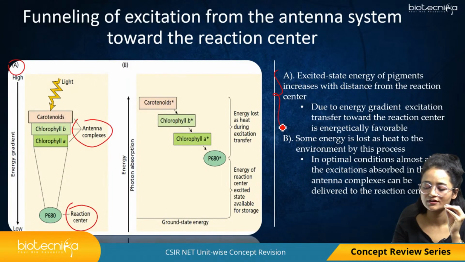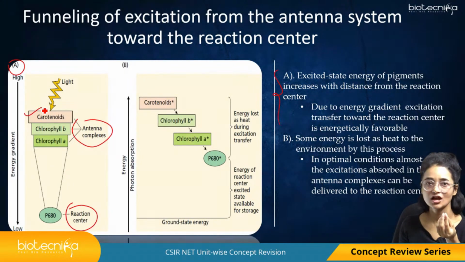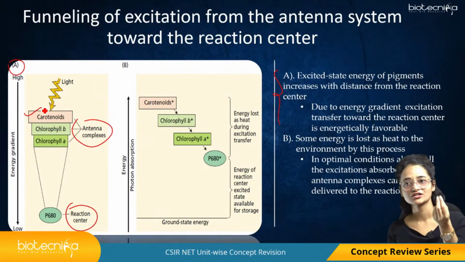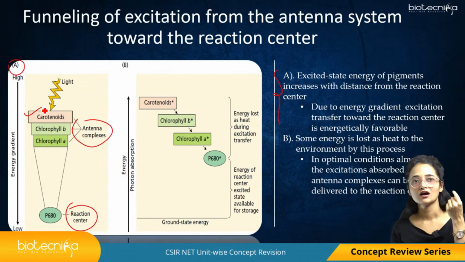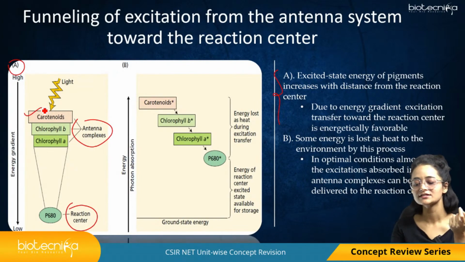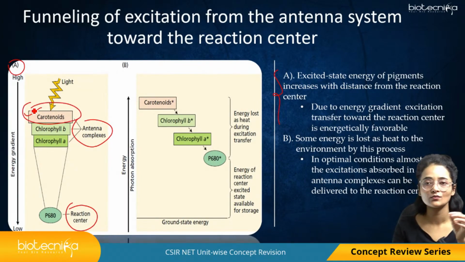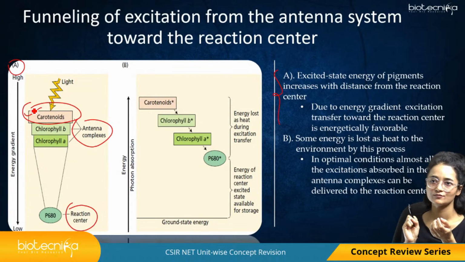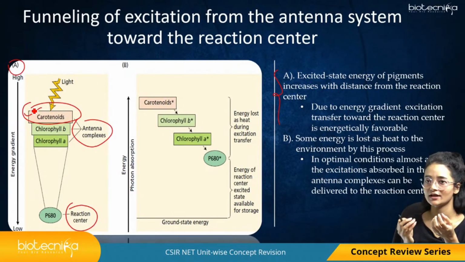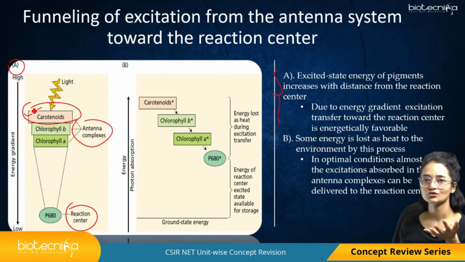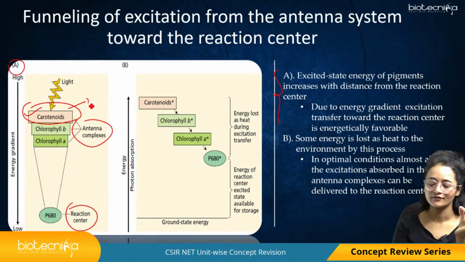And those antenna pigments which are present farther from the reaction center will have a high amount of energy. How? Because these carotenoids will absorb the light first, and then they will transfer it to the chlorophyll molecules, as I have told earlier, and the wavelength of light that they absorb ranges from 400 to 500 nanometer, right?